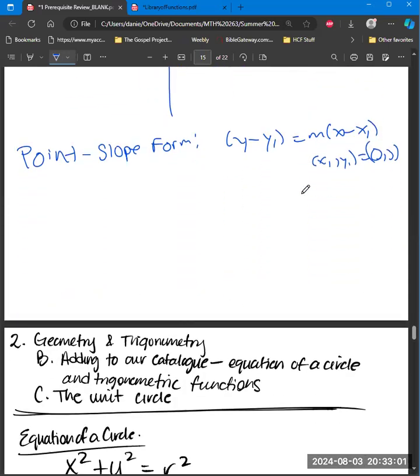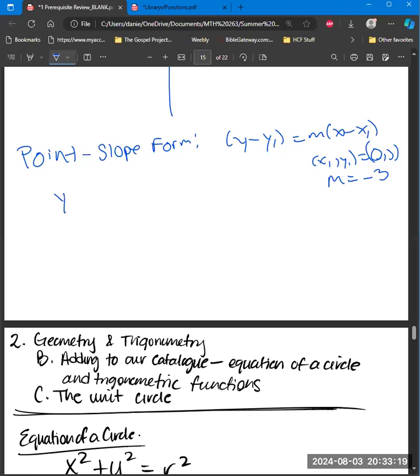We're going to get the same line here. Let's show you that if we had the slope of -3 for this, we would come up with the same answer for the linear equation.